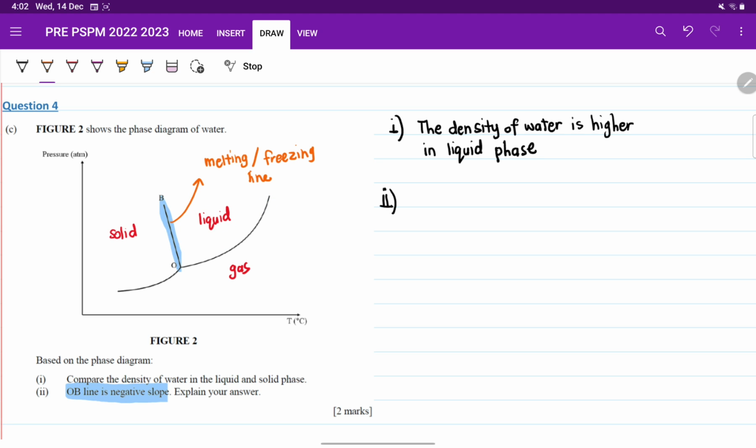Okay, now, macam mana kita nak explain bila ditanya OB line ni negatif? So, apa yang kita tengok kat sini adalah kita akan tengok kepada kita punya pressure dan kepada kita punya temperature dekat sini. Okay, maafkan saya, kita tak tengok kepada temperature, kita fokuskan kepada pressure.